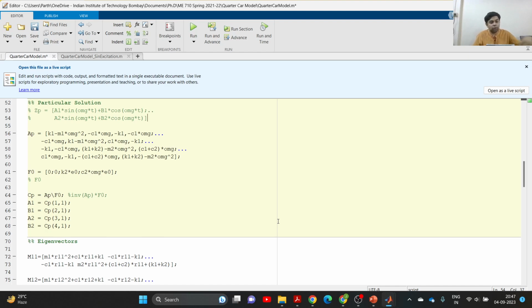If we substitute this particular solution in our differential equation, we will get our coefficient matrix AP.